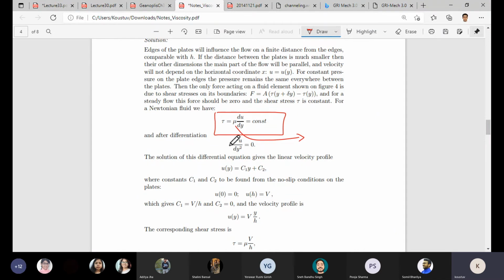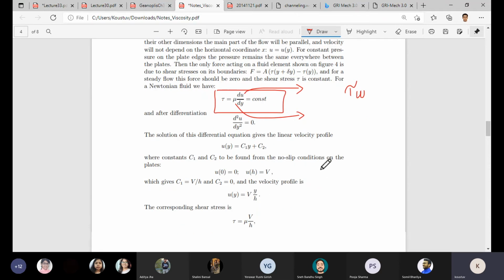So apparently it looks easy. We are not measuring du dy, but we are measuring other quantities through which we can calculate du dy and the wall shear stress tau w.